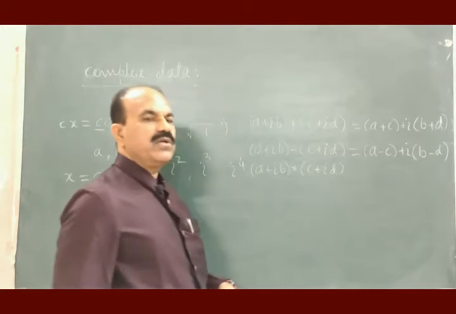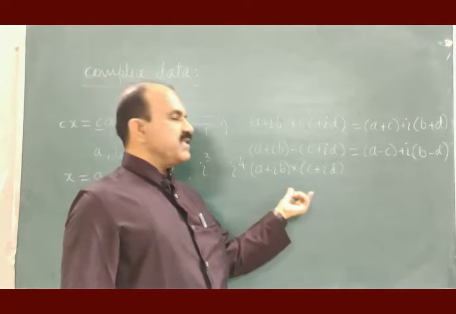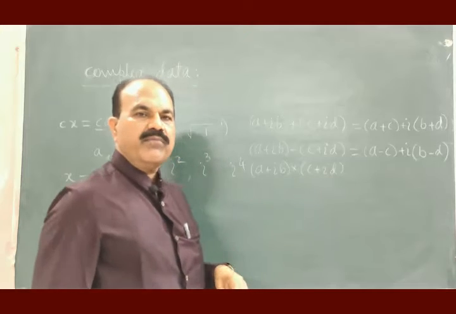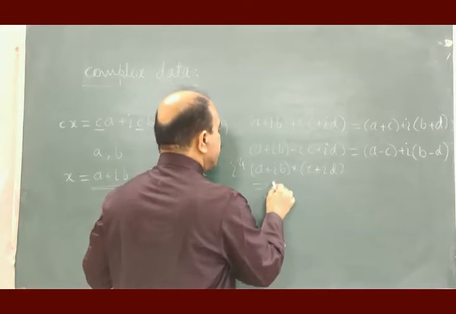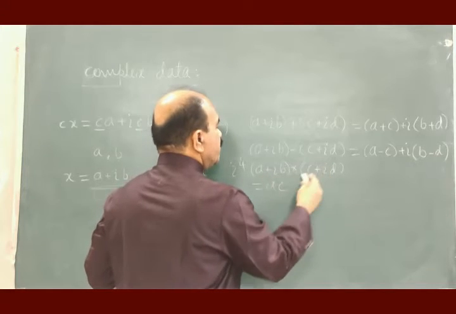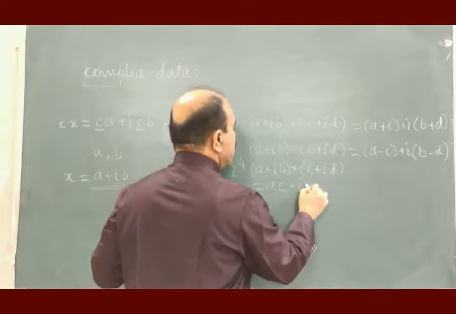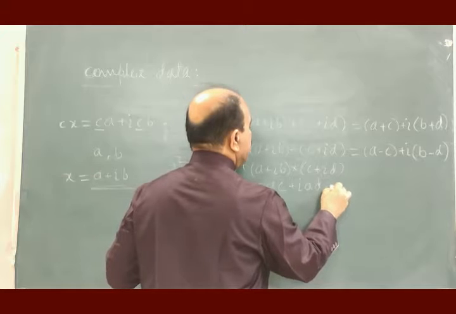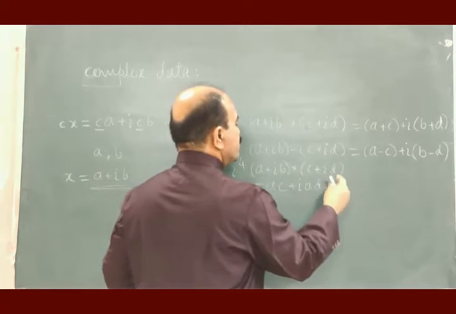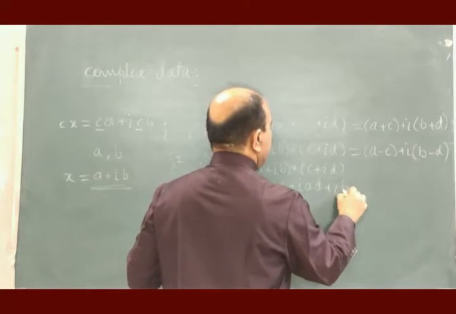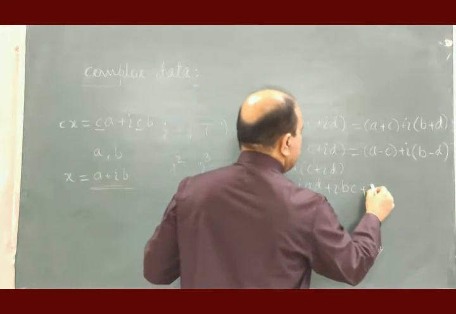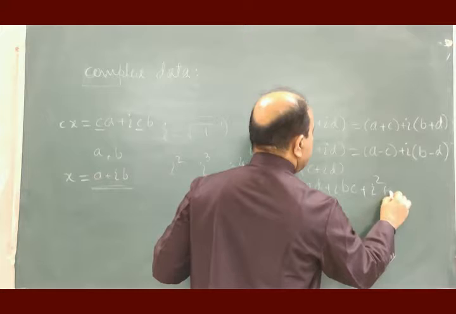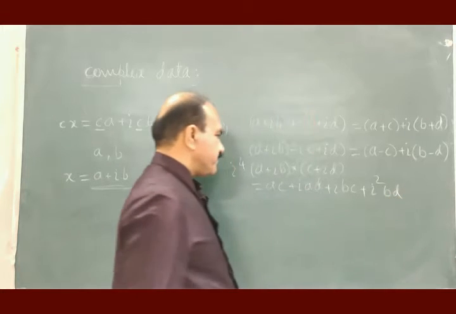Let us have product of this complex number with this complex number, that will be a into c AC, a into id plus I into AD plus IB into C, I into BC plus IB into ID, I square BD.